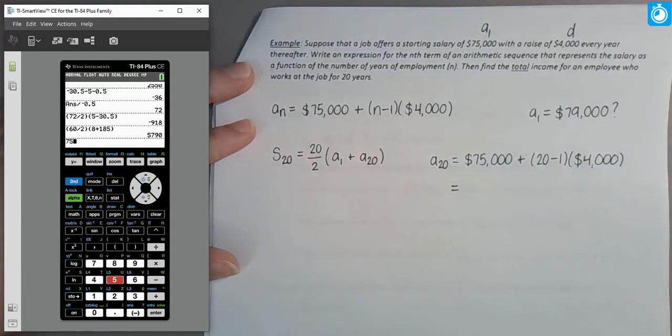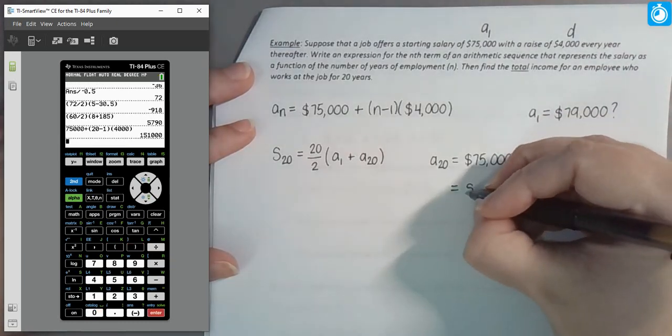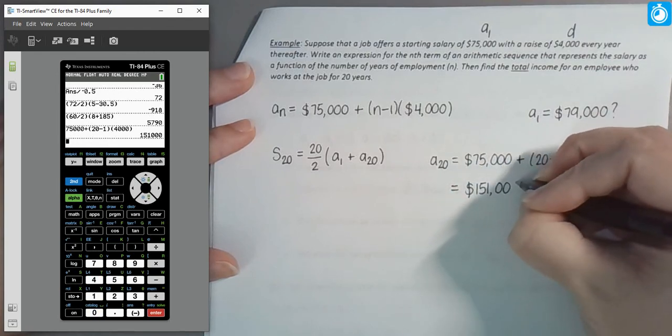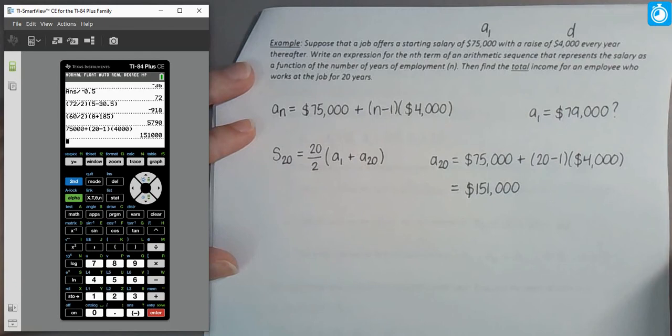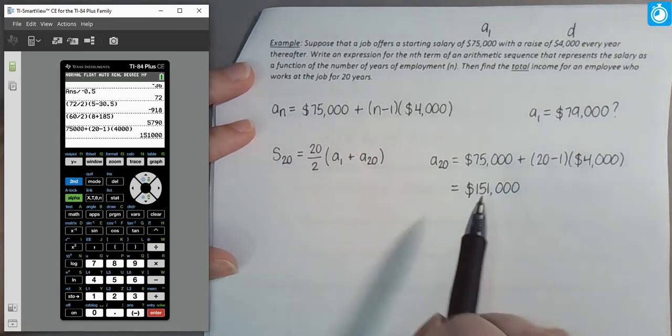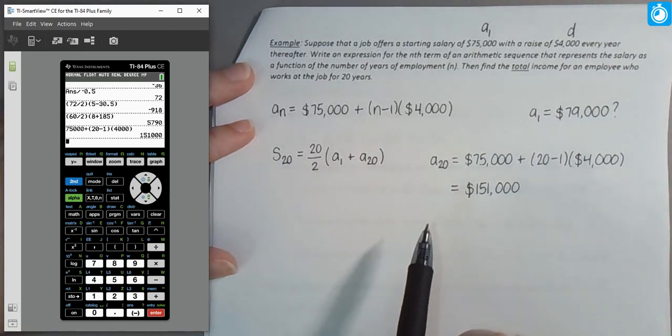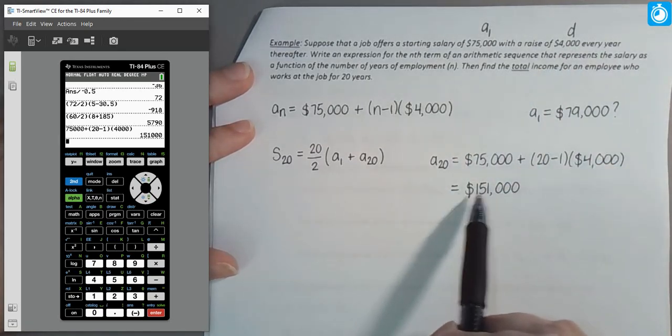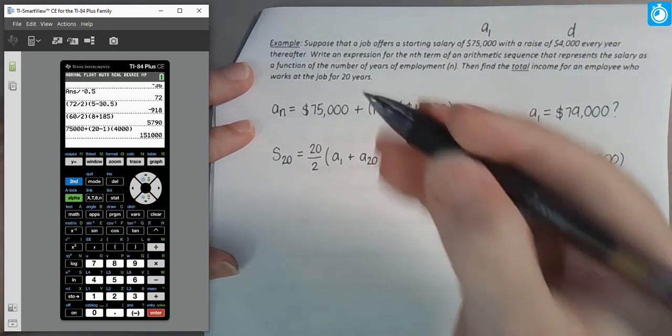Okay, so 75,000 plus 20 minus 1 times 4,000. And that's going to take us to 151,000. Okay. So once we've worked for this company for 20 years, assuming that we've continued to get a $4,000 raise every year, this will be the salary that this person makes.